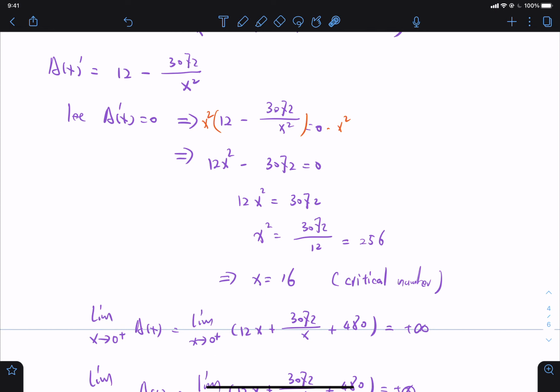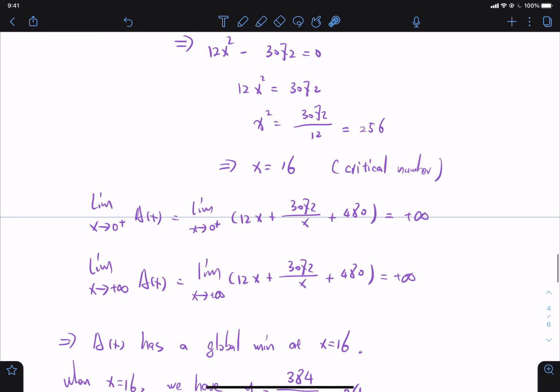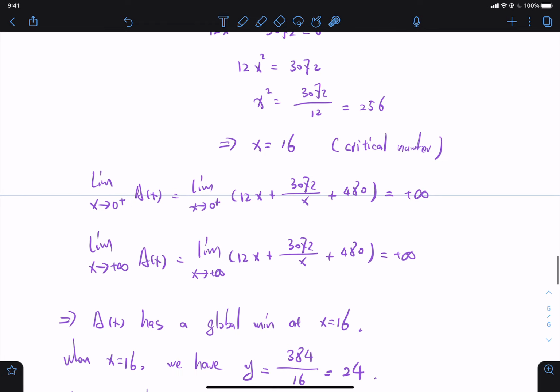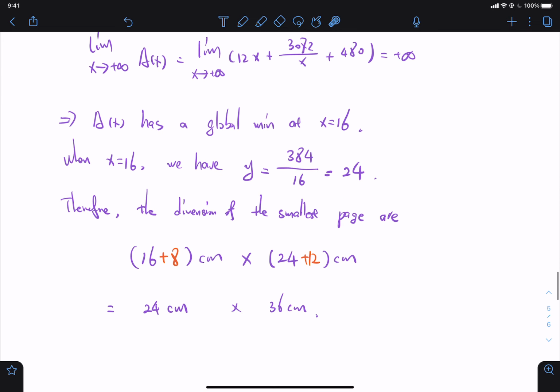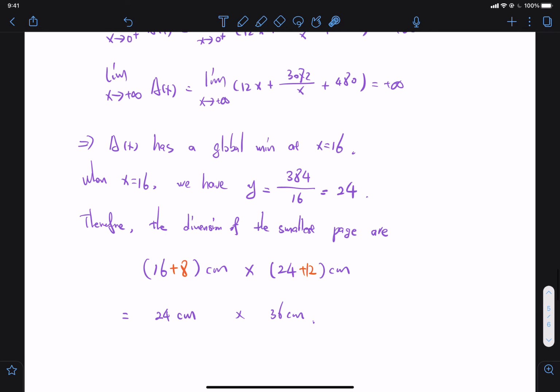We just apply the limit method here, to determine that this is a local min and also a global min. So it's also extremely similar to the previous questions.